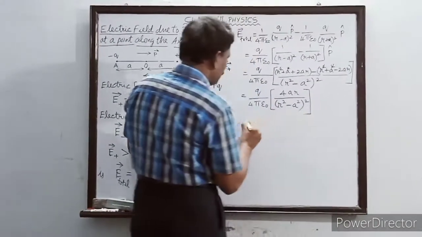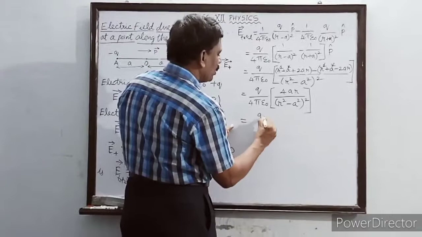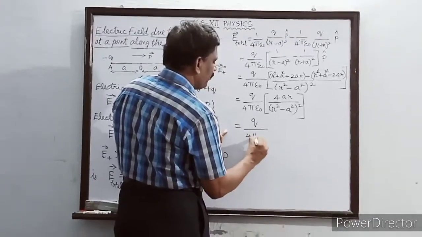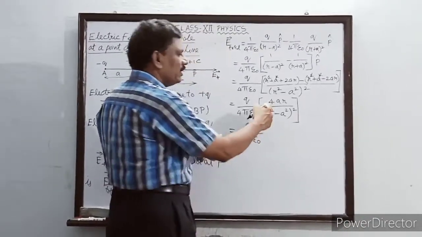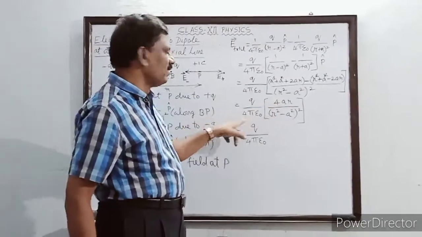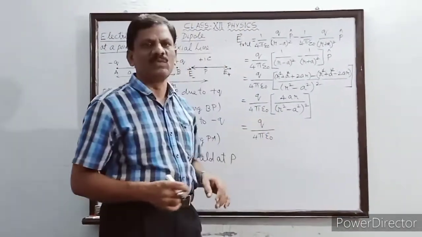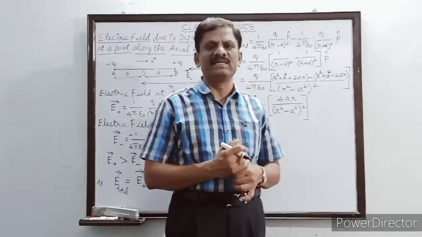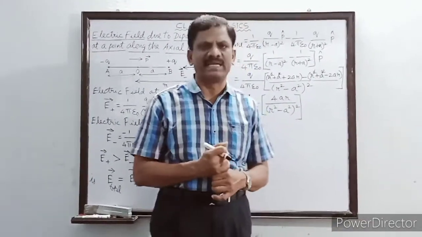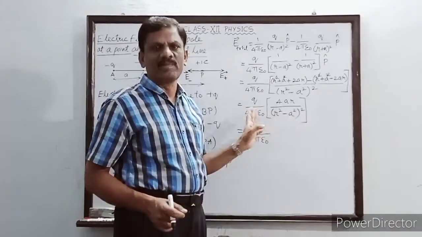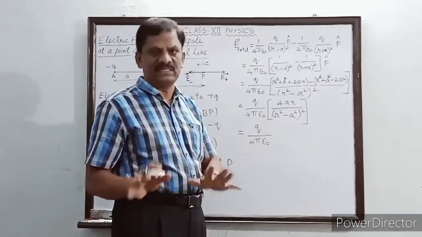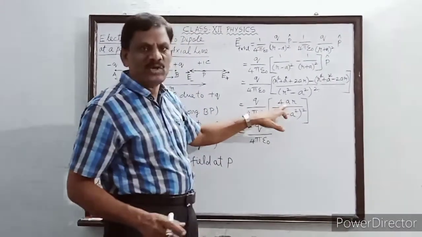And this is once again Q divided by 4π ε₀. You do not cancel these 4 and 4 because in all these electrostatic calculations, 1 by 4π ε₀ has the value 9 × 10⁹. So it is better to retain this 4π ε₀ in the denominator as it is. So I will adjust the numerator.